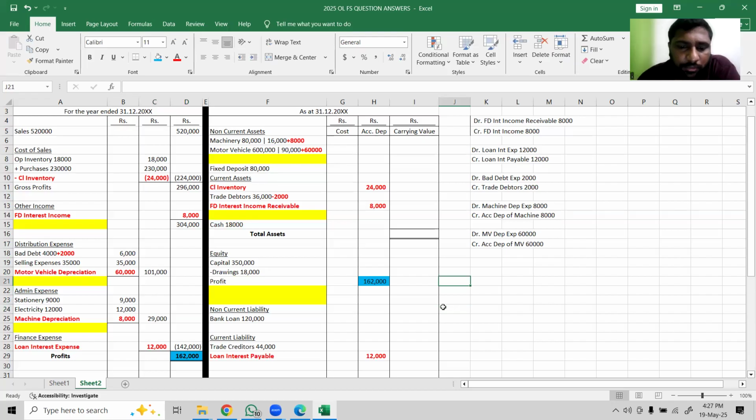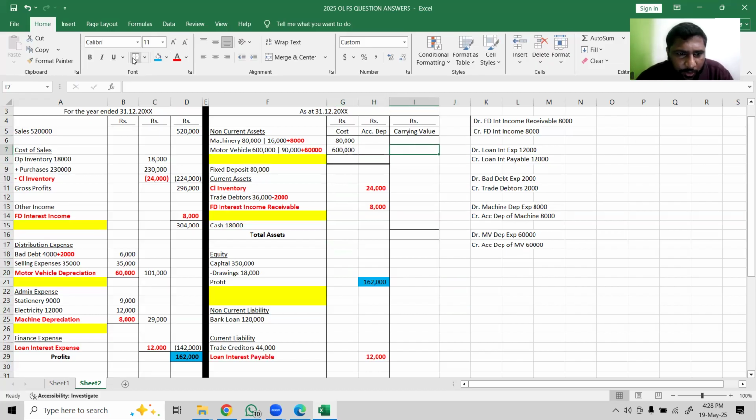So now we'll finish the balance sheet also. Cost 80,000, 600,000. So these two columns are getting closed by here. Accumulated depreciation 16,000 and 8,000, 24,000. Here 90,000 and 60,000, 150,000.